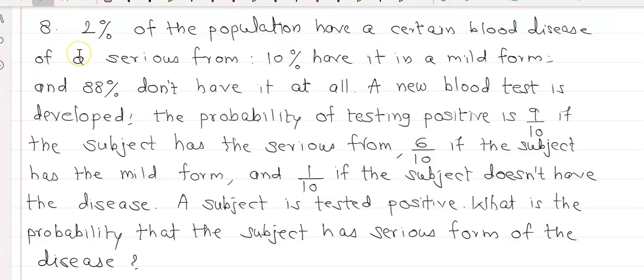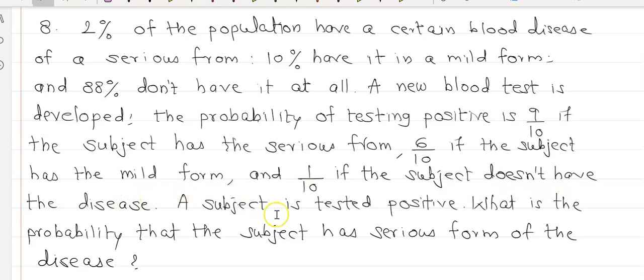Now see this again for a problem. That is, 2% of the population have a certain blood disease of a serious form and 10% in a mild form. 88% do not have it at all. The total is 100. A new blood test is developed. The probability of testing positive is 9 by 10 if the subject has the serious form, which is the 2%, 6 by 10 if the subject has a mild form, and 1 upon 10 if the subject doesn't have the disease.